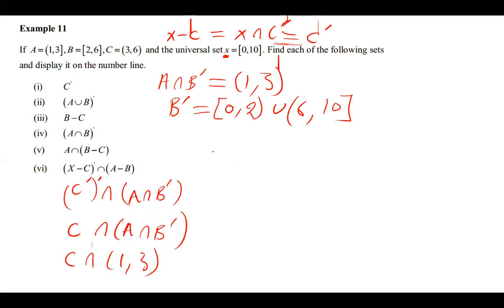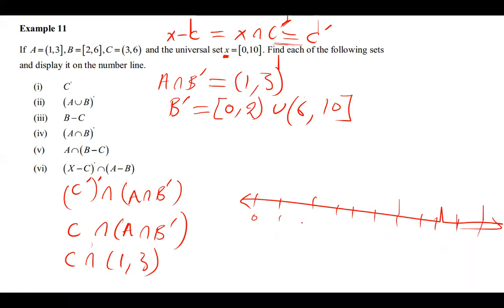So let us put our C there. Our C is simply just 3, comma 6. So we have 0, 1, 2, 3, 4, 5, 6, 7, 8, 9, 10. Our C is simply just 3, comma 6.